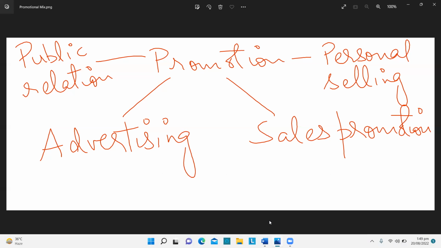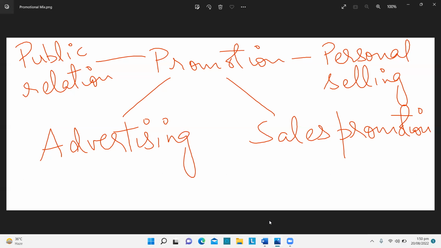Otherwise, people won't buy. If there are no qualified people, trained staff there, and they are not able to guide you properly, why should I buy this and why should I not buy this? And they are technical and expensive too. People won't buy from that particular shop or outlet.